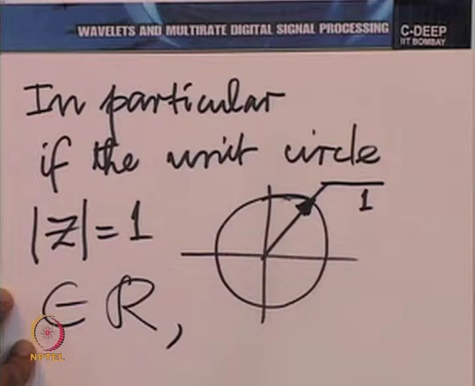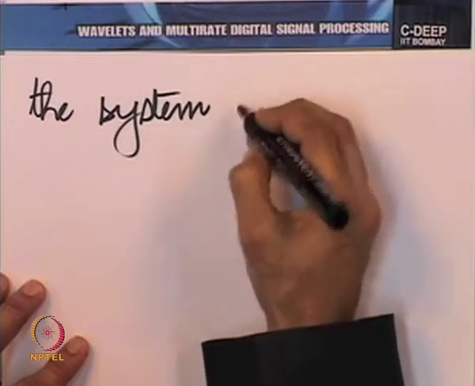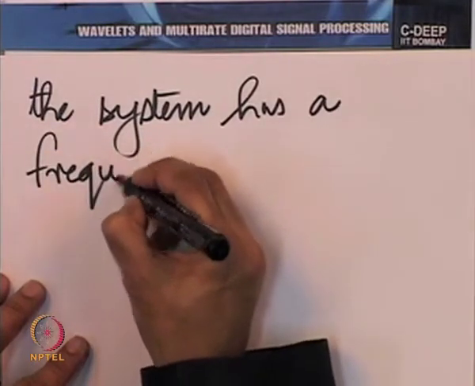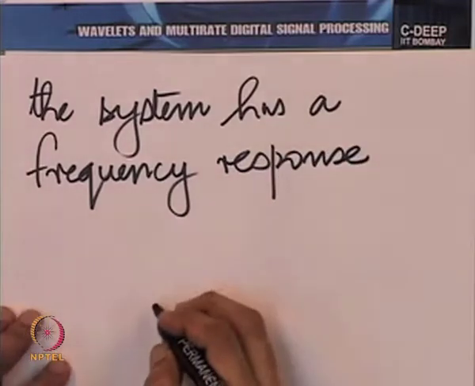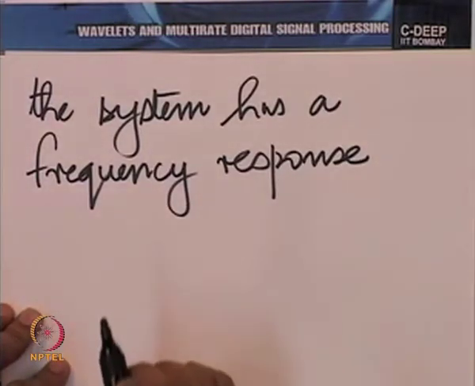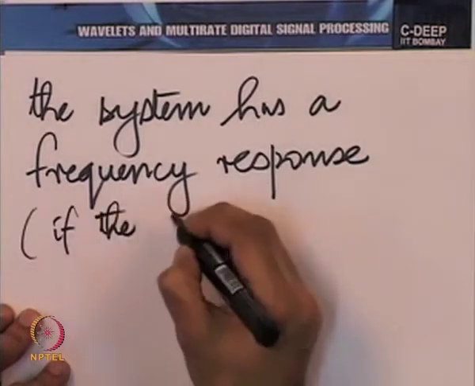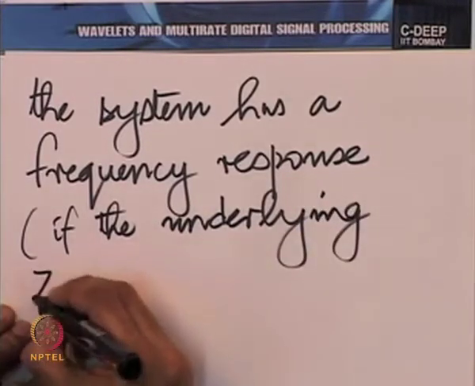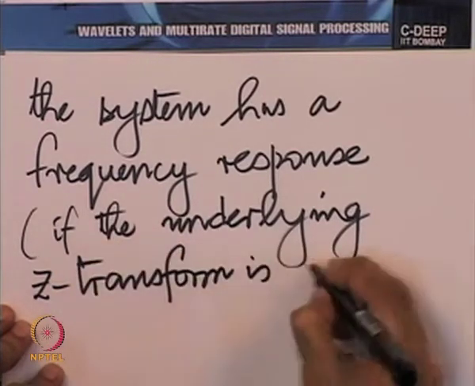The system has a frequency response. That is, you see, we talk about the system having a frequency response if the underlying Z transform is a system function.